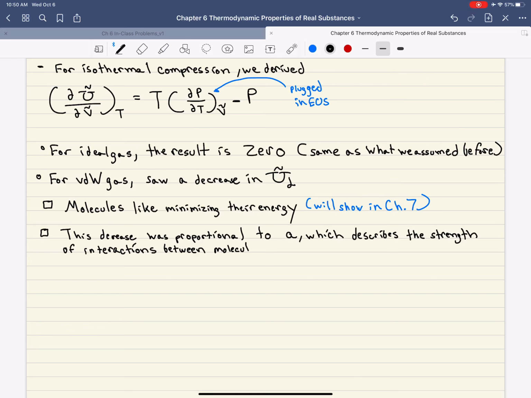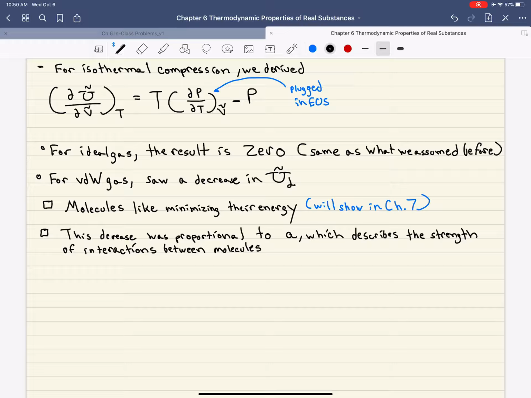Okay? And we saw that when we switched from nitrogen to carbon dioxide, and carbon dioxide had the larger A value, proportionally, carbon dioxide had a larger decrease in that internal energy. And so, from using the van der Waals gas equation of state, we could see how these molecular interactions affect the internal energy of our system.